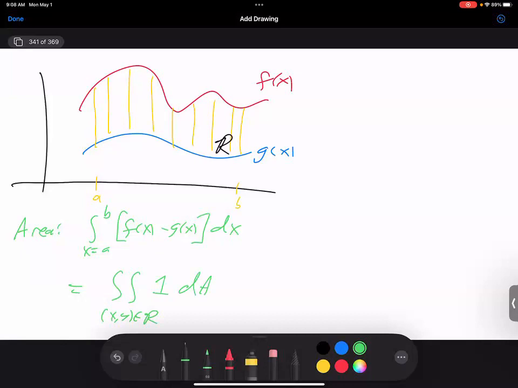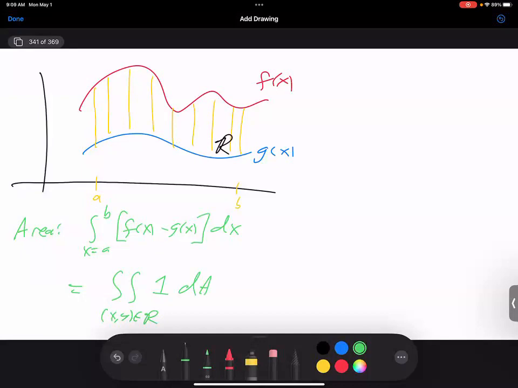And the way I've drawn this is simple. Well, simple means it's got to be x simple and y simple. So for this one, if I fix a value of y, there are times I enter the region, leave it, enter again, leave the region. So it's not simple if I fix y, but it is simple if I fix x. And so the way we would evaluate this integral is as an iterated series of integrals.